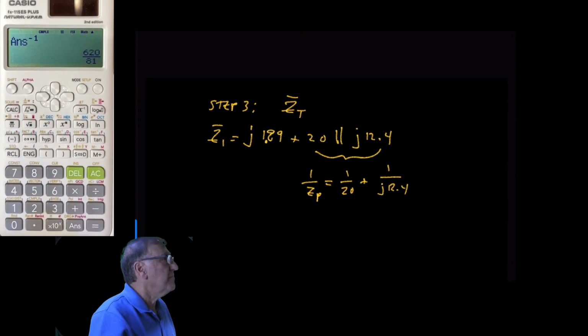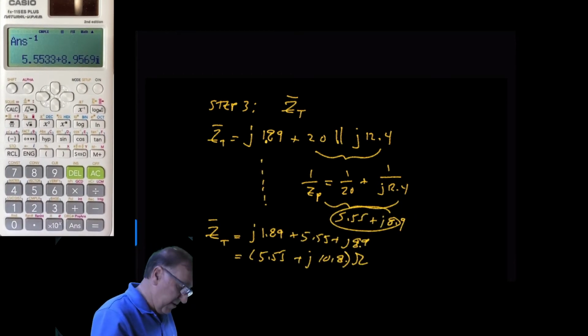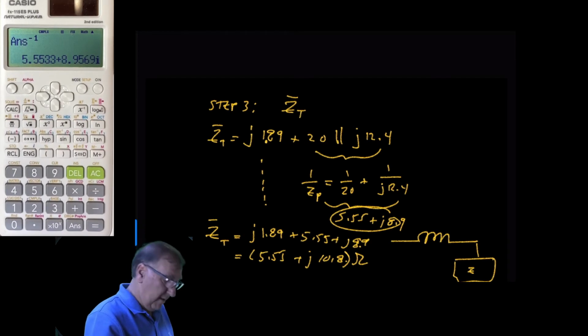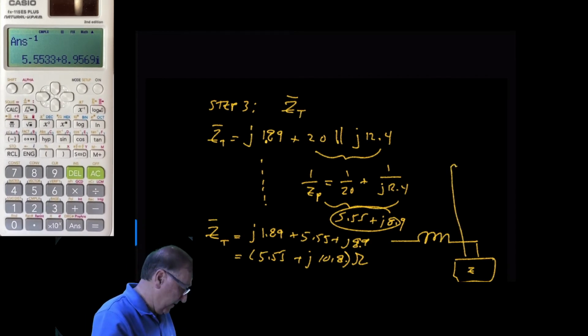This will be represented in the circuit as a simplification of the circuit, as we talked about. So here's the first inductor, and the inductor and resistor could be replaced just with an impedance block. And this would be 5.55 plus j8.9 ohms.